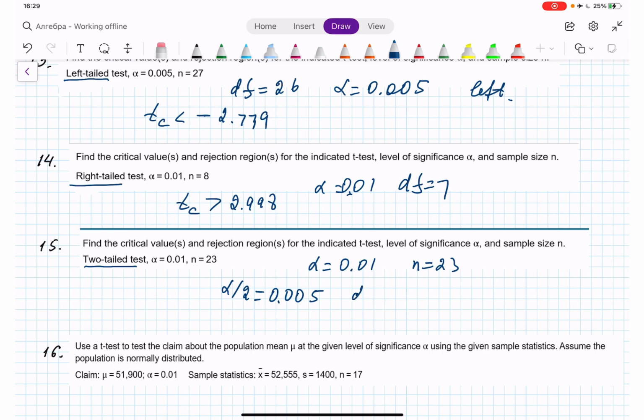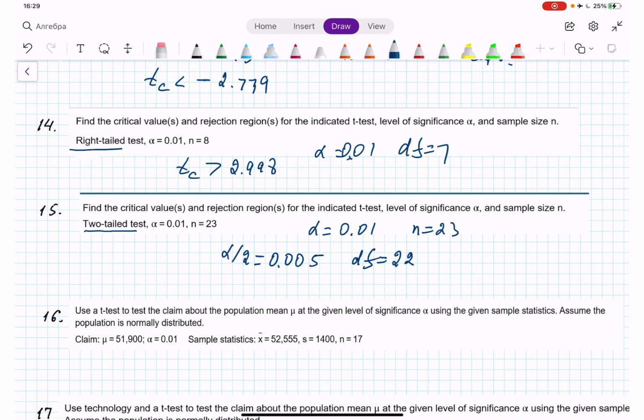And degree of freedom is going to be 22. Therefore, let me look it up, 0.005 and 22. It's going to be 2.819.